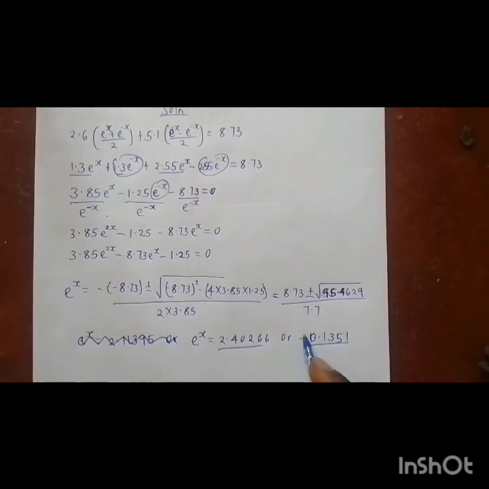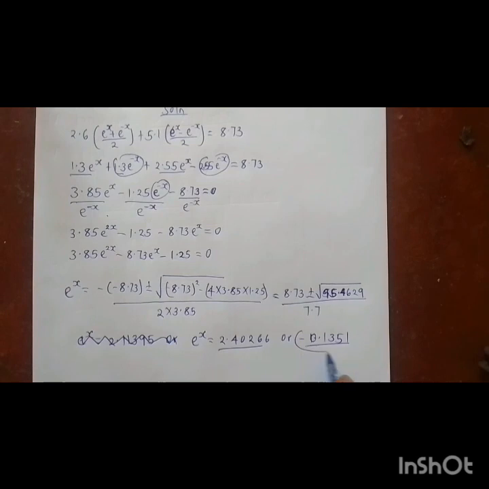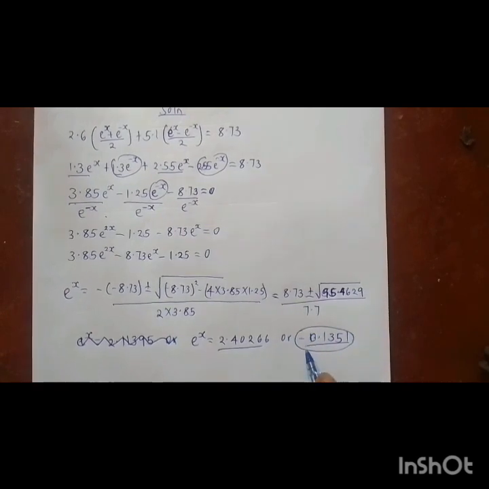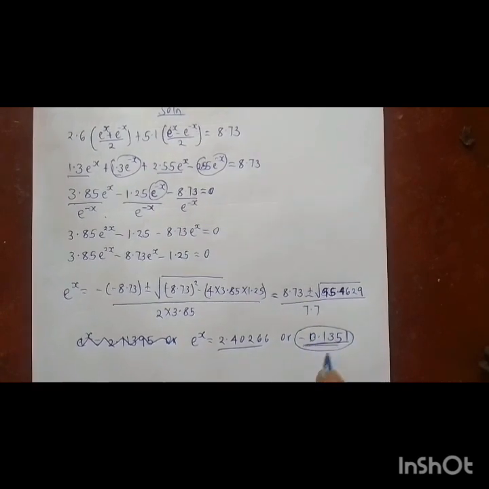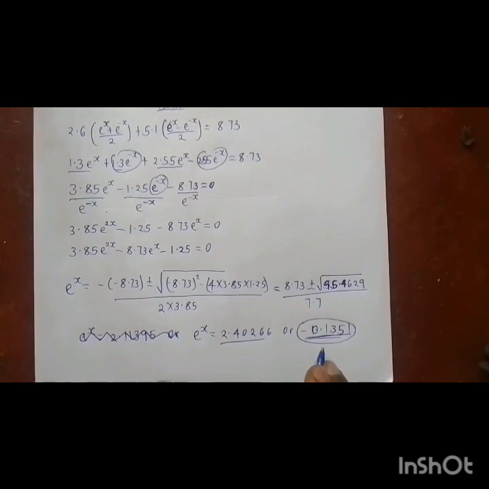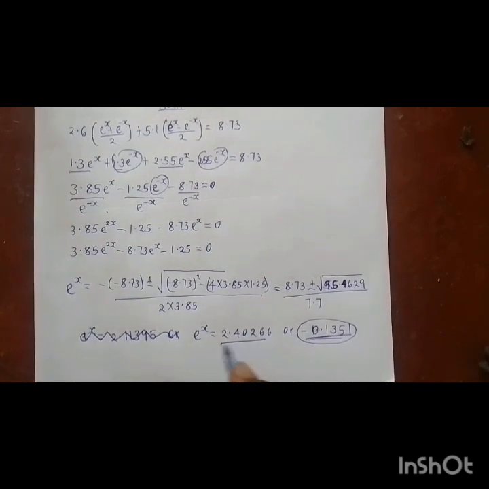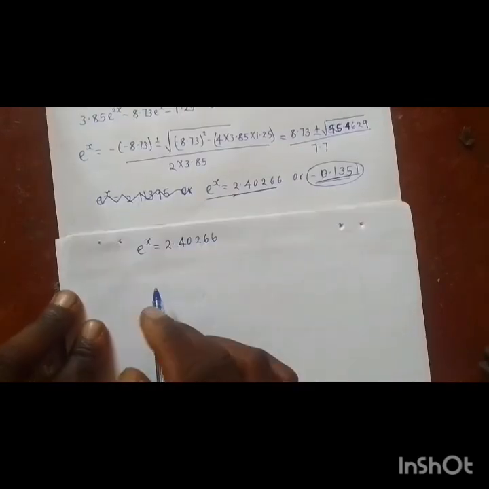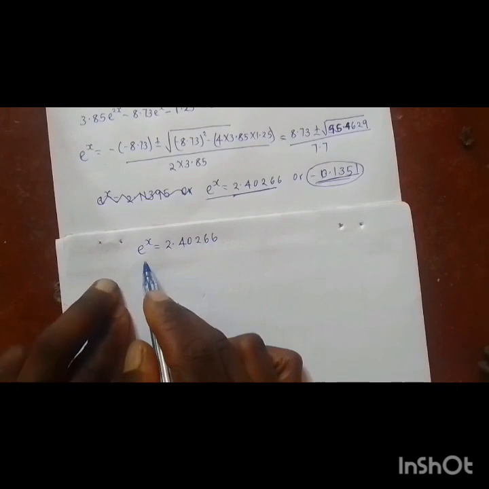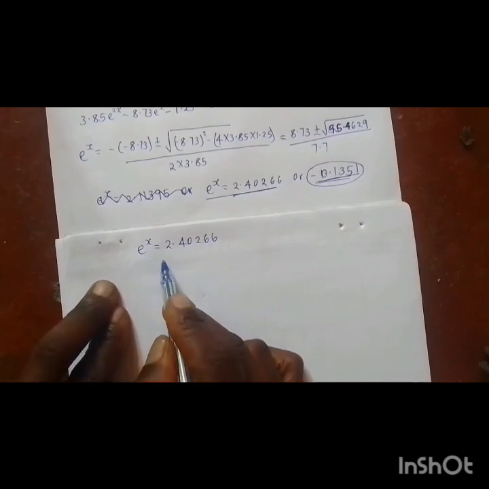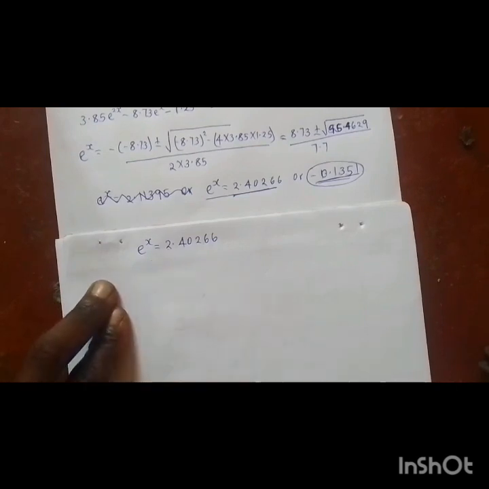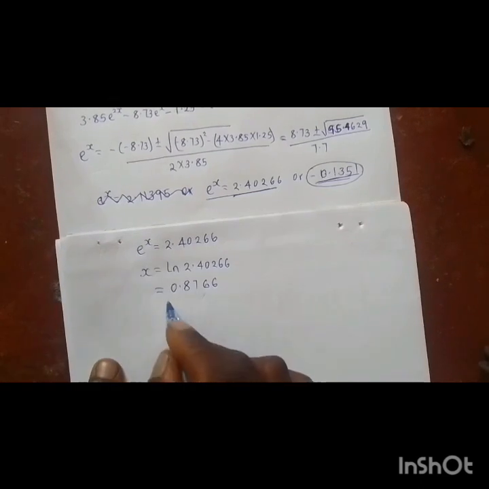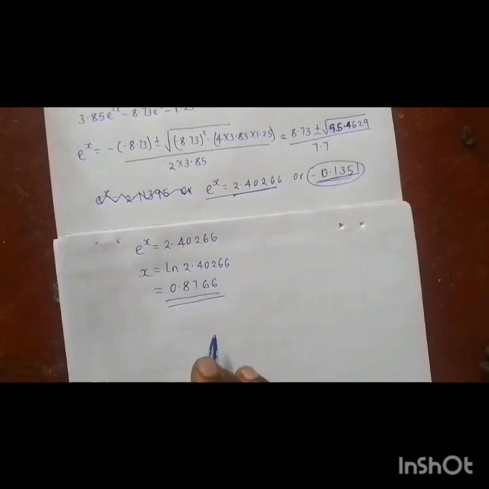But now, because this one will not give real answers, we ignore it. So we find the value of x from this equation. By taking the natural logarithms for both sides, we have, so we find that one.